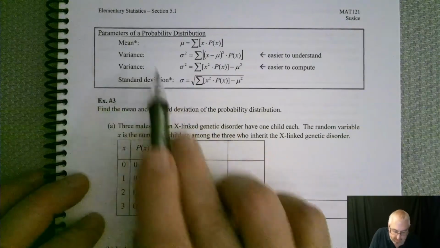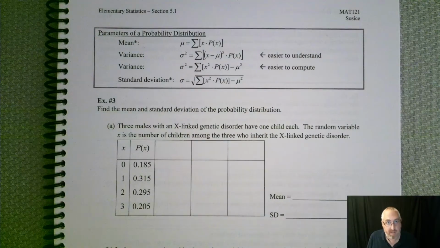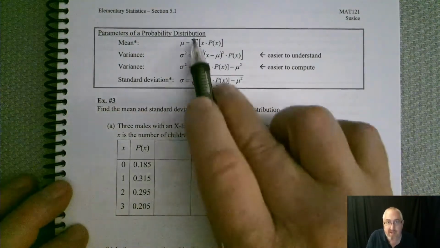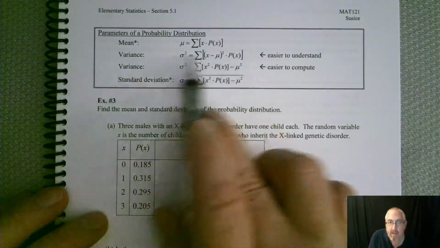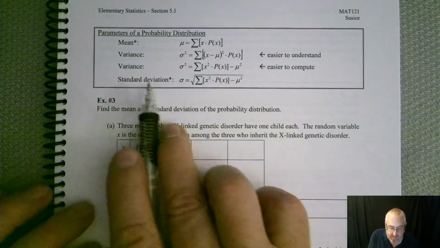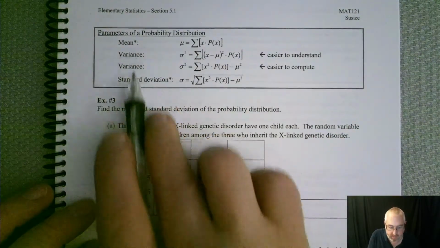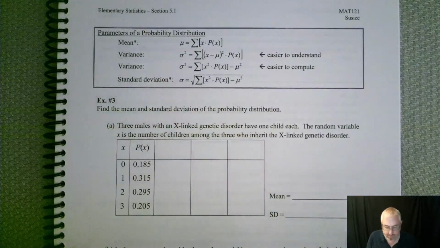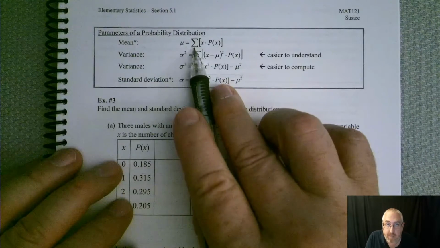We can do means and standard deviations. Now, the formulas look messy. They've got those summations in there. Remember, the variance is not going to be a critical thing, because if you know how to find standard deviation, you can find the variance. So we're really just going to focus on the mean and the standard deviation. Let's take a look at the mean. We need to add something up.